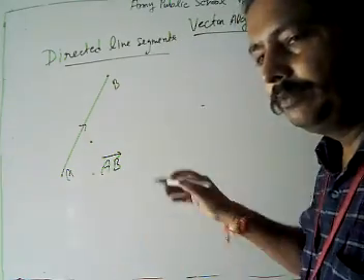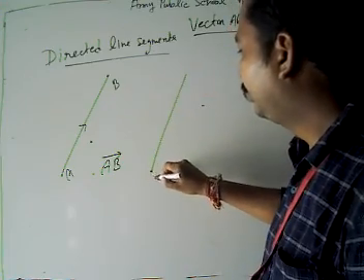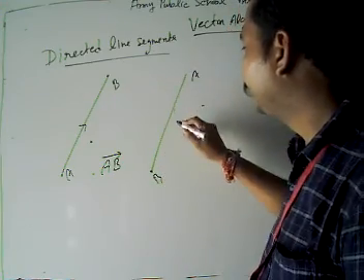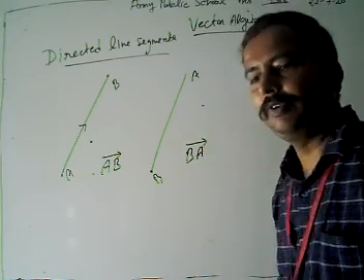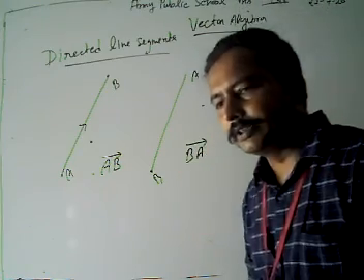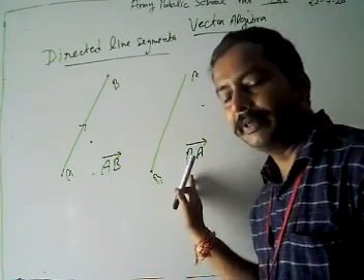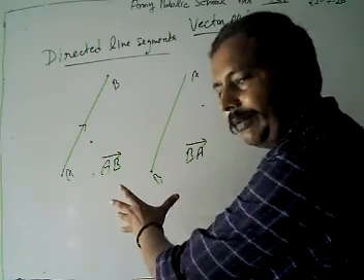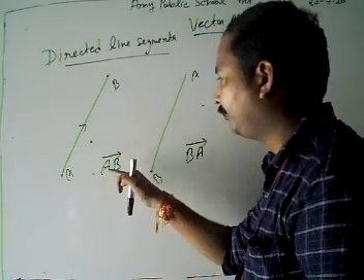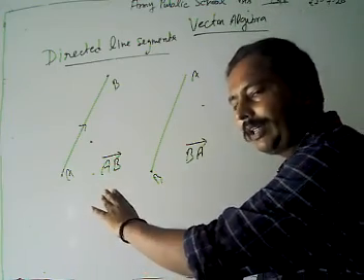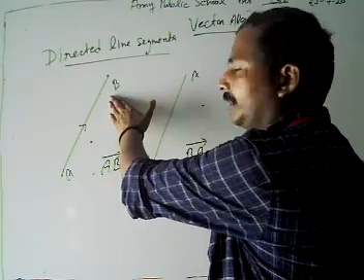Then again we can write this as BA when we change it. Now it is the directed line segment BA with arrowhead. This is the directed line segment AB, and this is the directed line segment BA. We cannot interchange AB and BA, because in directed line segment AB, A is the initial end point and B is the terminal end point.